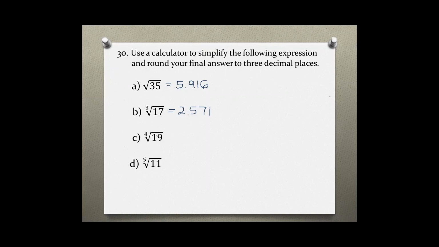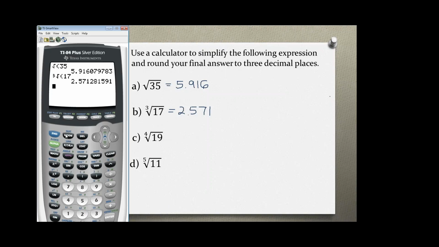Alright, so now we got the 4th root of 19, and there was not, under the math function, there was not a 4th root, but there is the number 5 option, which lets you use any type of root you have.